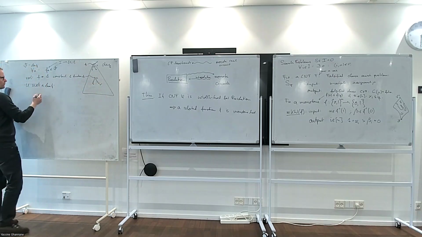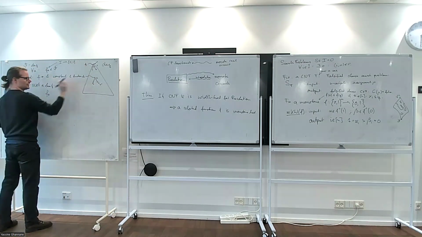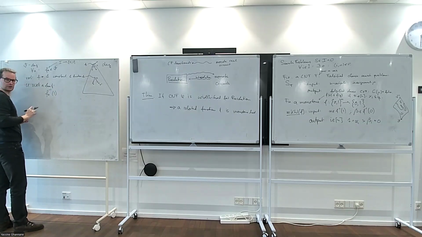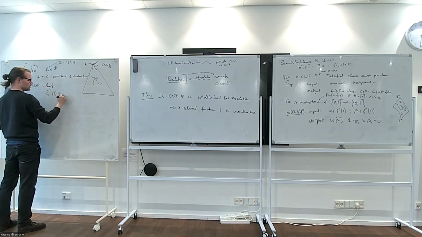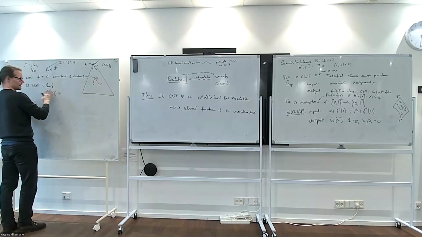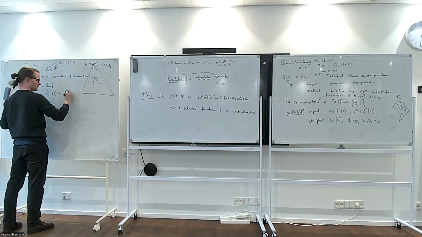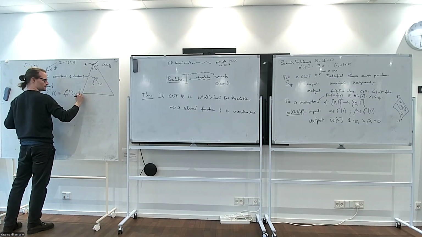So if we look at what f_u maps to 1, all the assignments that are ruled out by this function have to be contained in the union of the same thing from the children: f_v inverse of 1 union f_v prime inverse of 1.